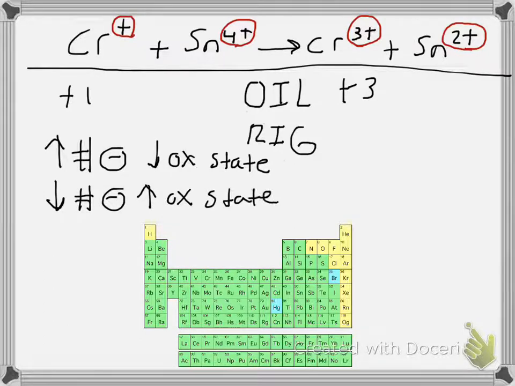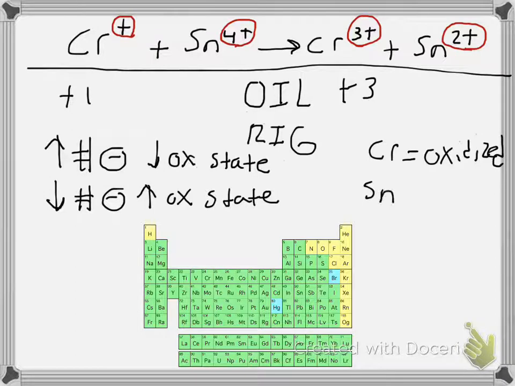So here, chromium goes from a +1 to a +3. Its oxidation state is increasing. This means that chromium is being oxidized. So Cr equals oxidized.